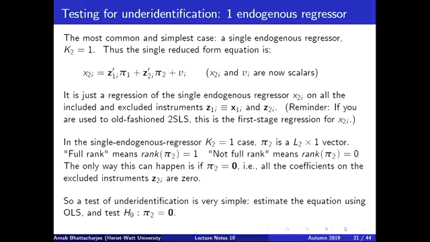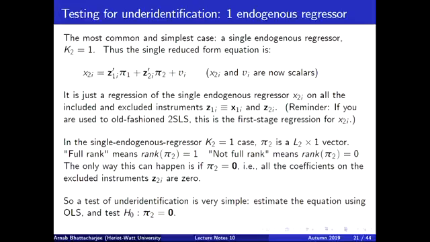Pi2 needs to be non-zero. If pi2 is 0, then you do not have identification, right? So you are under-identified. Together, everyone? The rank of pi2 being 1 means that pi2 is not 0. In this case, it's just a single column. Okay?